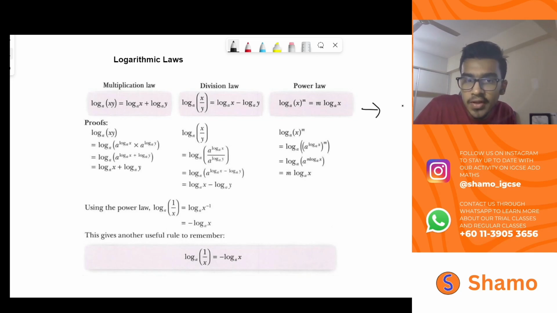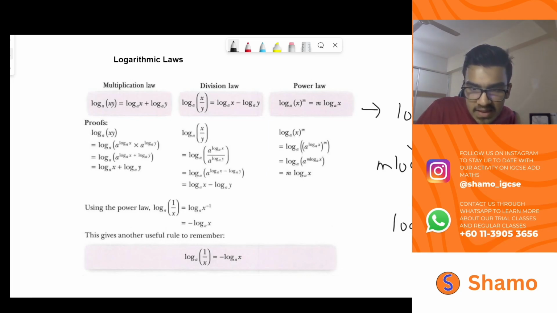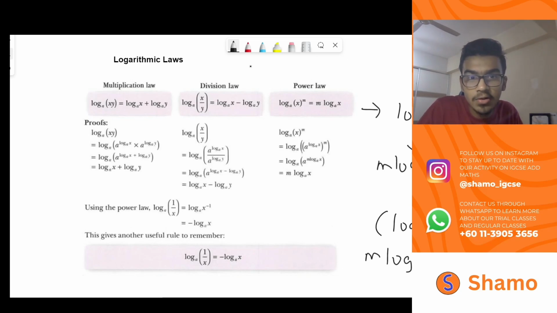And this one I have to say a bit. Let's be careful, okay? If it's log base a of x to the power m, then only it's m log base a x, only if x has the power m. Suppose it's log base a of x, the whole thing to the power m. Some students will be like, oh yes, I know there's the power law, so m log base a x. Hello?